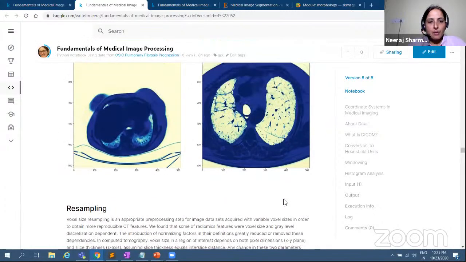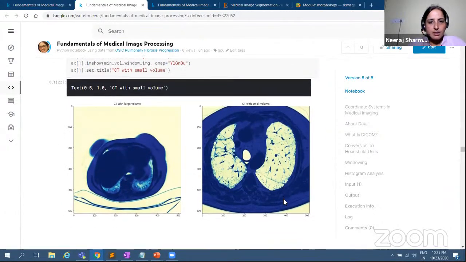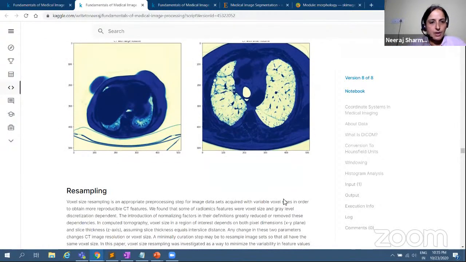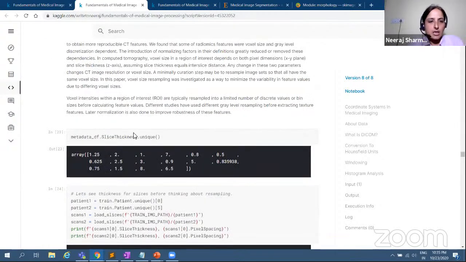Now, when the volume is changing, there is one more thing we will talk about. Just see quickly: this is the slice thickness I have taken from the metadata data frame which we created, and these are the unique values available for the slice thickness. We can see that for some scans the distance between two slices is 1.25, and it goes up to 8, or for some it is 0.8.